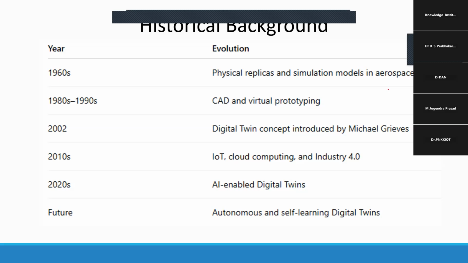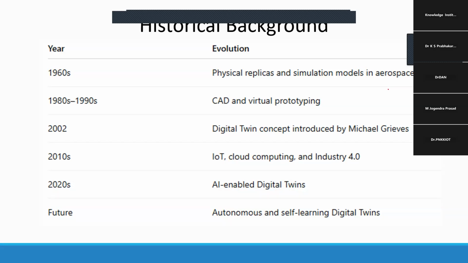His vision included three key components: the physical product, the virtual product, and the data that links the two. At that time this concept was revolutionary, but the technology required to implement it at a larger scale was still limited.